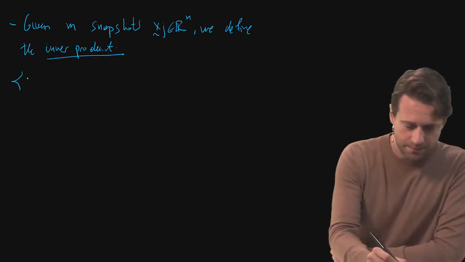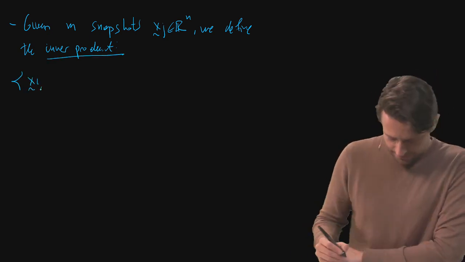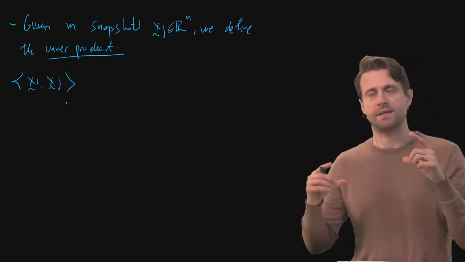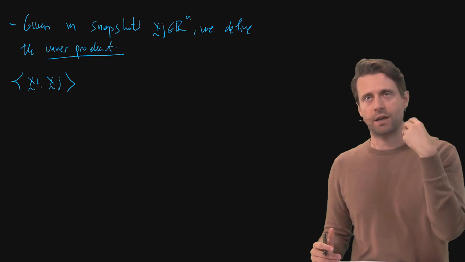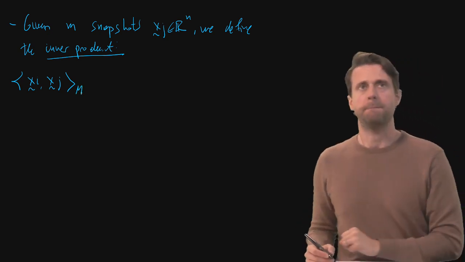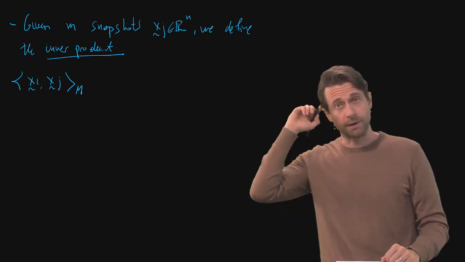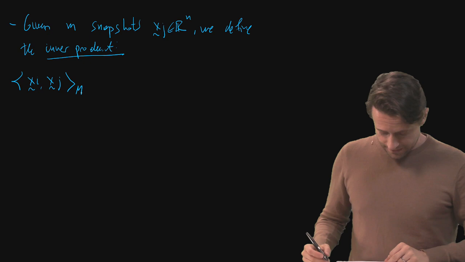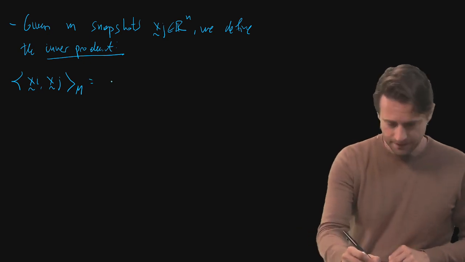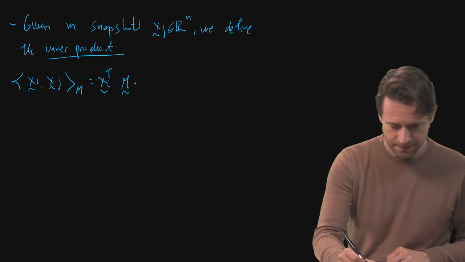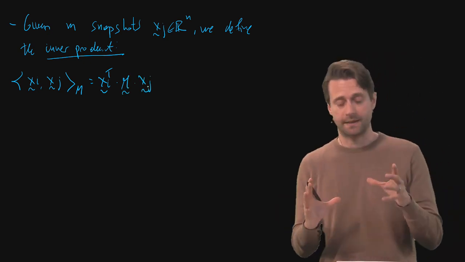We're going to have one snapshot xi multiplied by another snapshot xj. The triangular brackets indicate that we're going to calculate an inner product under a certain mass matrix M. I'll tell you more about it in just a second. This is how you're defining this inner product: xi transpose times this mass matrix times xj. Okay, so this is how we can define that inner product.